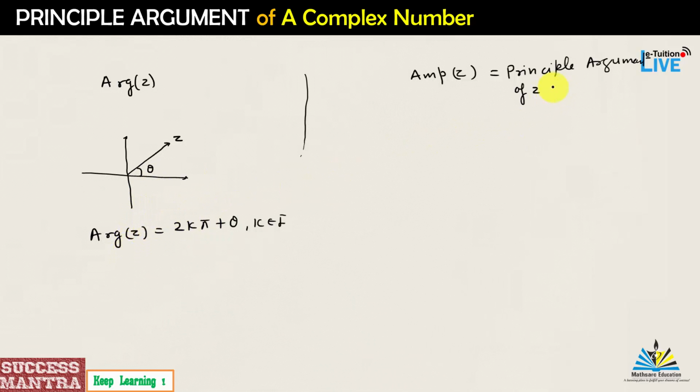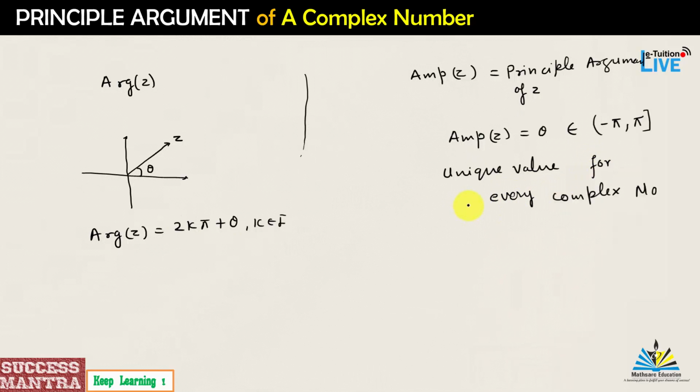But in the case of principal argument, amplitude of z, that is theta, always belongs to in between minus pi to pi. Understand this very important and basic difference. And this is the unique value for every complex number. Every complex number has a unique value.